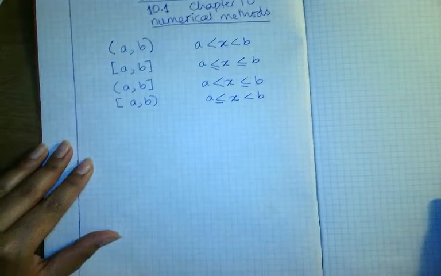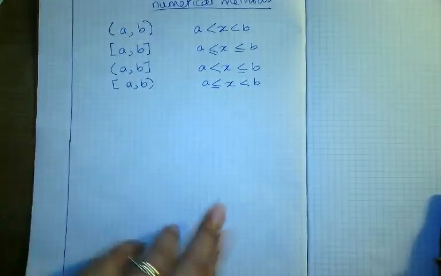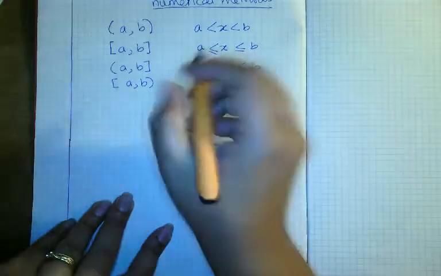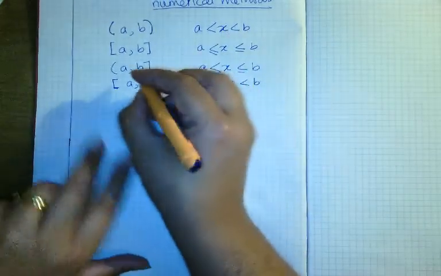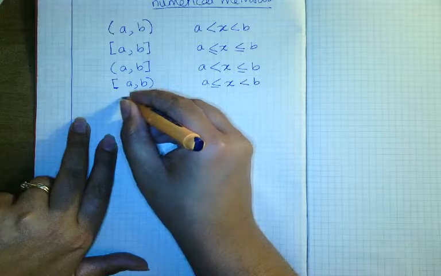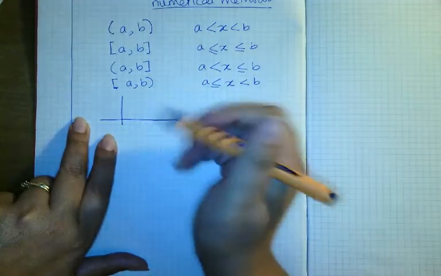Now the next thing you need to know about before we go on to the actual examples is what a continuous function is. A continuous function is a function that doesn't have any vertical asymptotes.